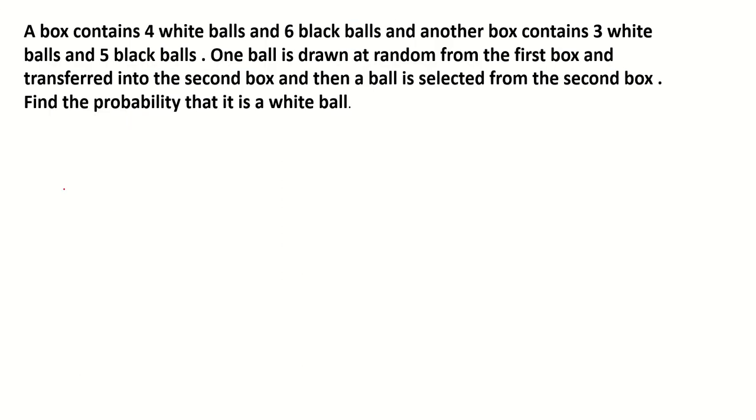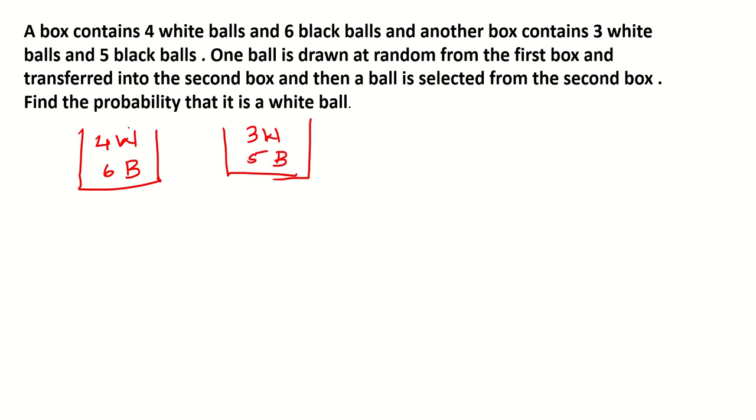A box contains 4 white balls and 6 black balls. Another box contains 3 white balls and 5 black balls. One ball is drawn at random from the first and transferred to the second.